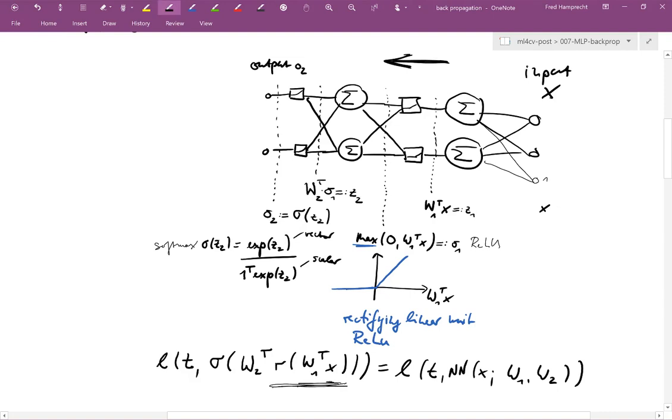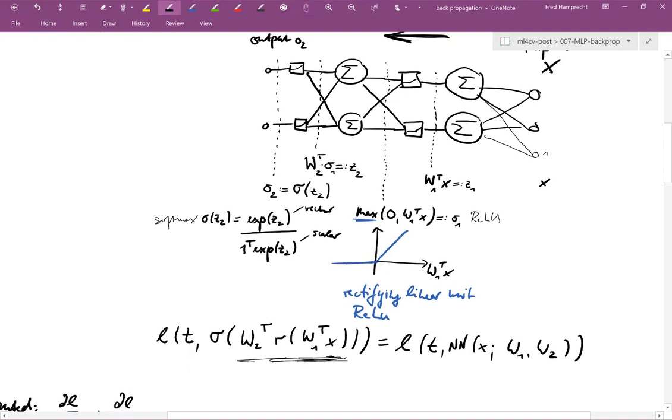R of the linear transformation means here I've used the rectifying linear unit. I've used the result and subjected it to another linear transformation, and finally I've taken the softmax of it. So my entire network, I have here written it as a set of nested functions, and I'm now comparing my ground truth with this function of x.